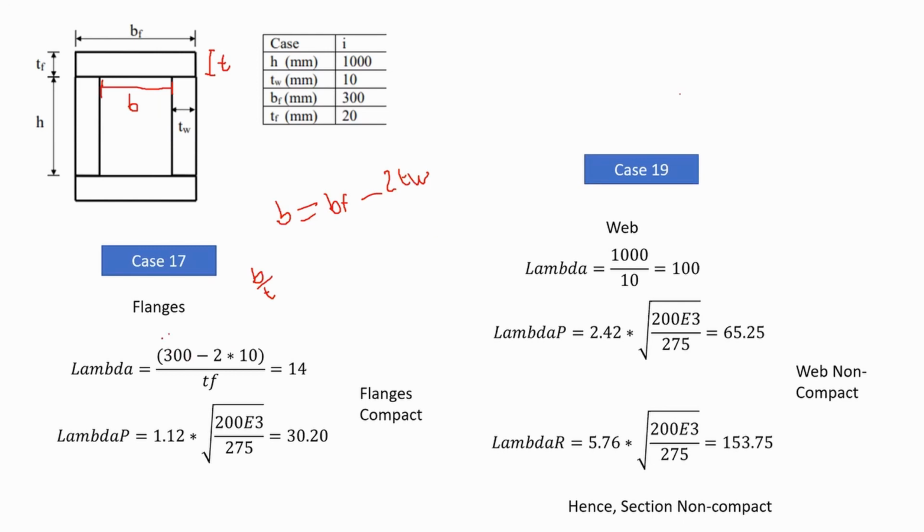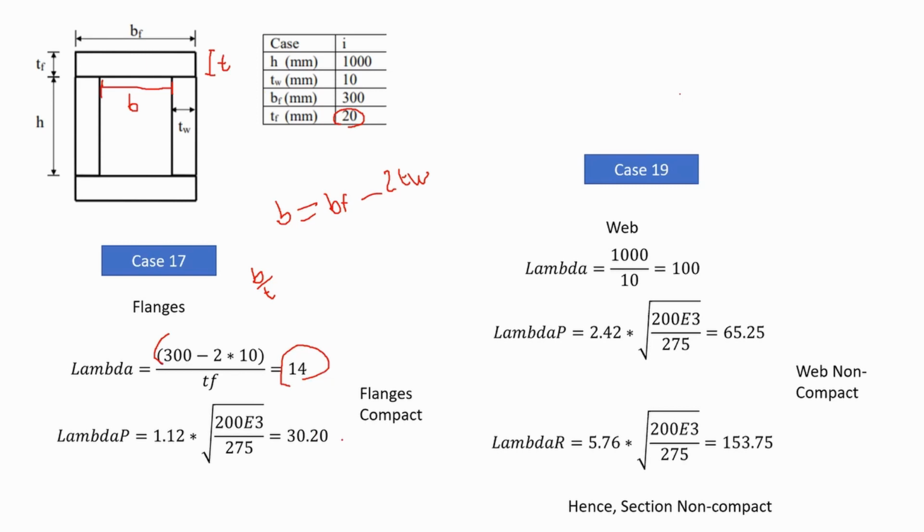And that's what you see over here: 300 minus 2 multiplied by 10. 10 is the thickness of the web. So that's b. Now what about the t value? t is basically tf, and you take it as 20. So if you calculate that, you get your lambda equal to 14.